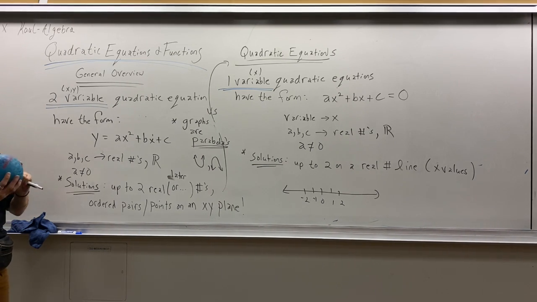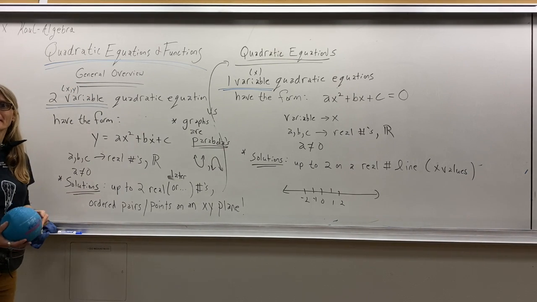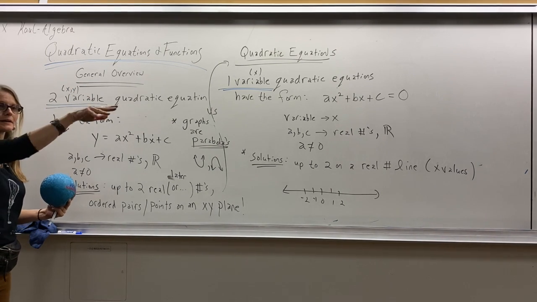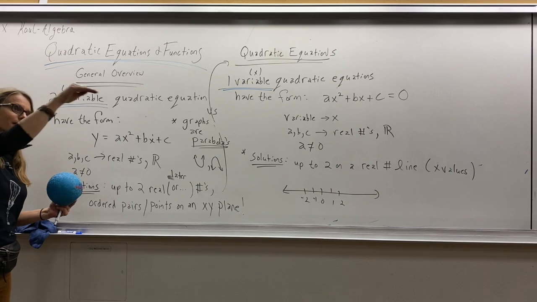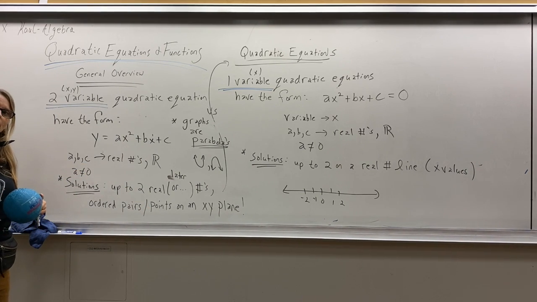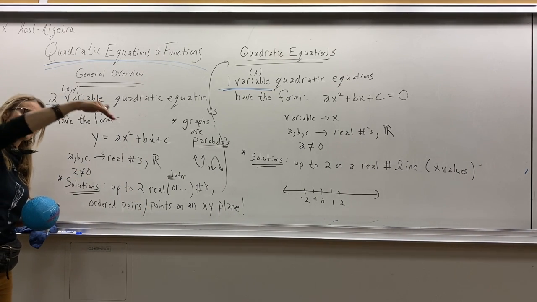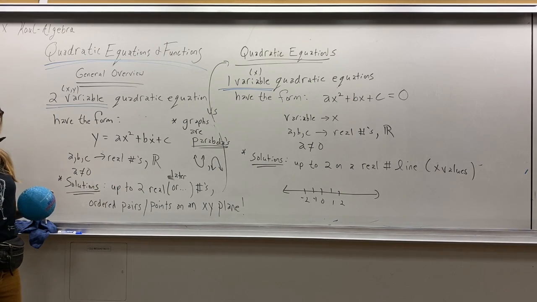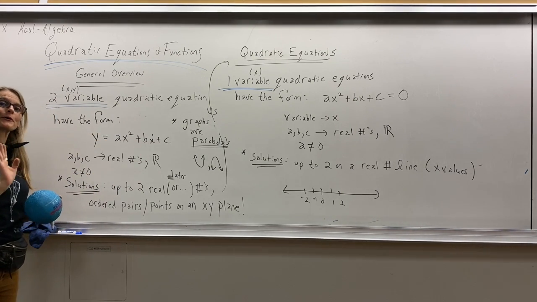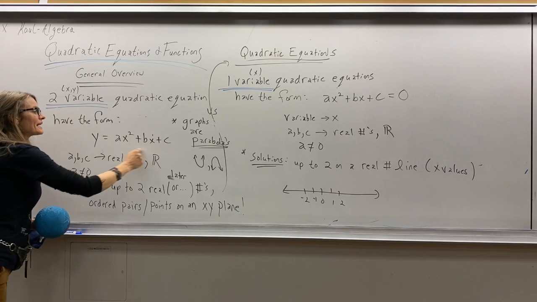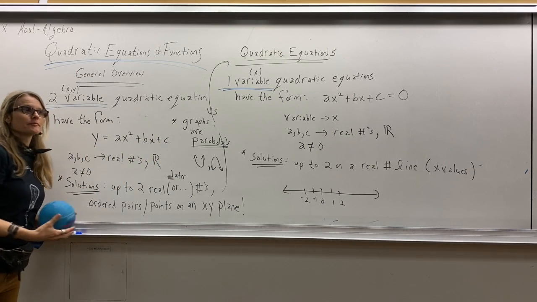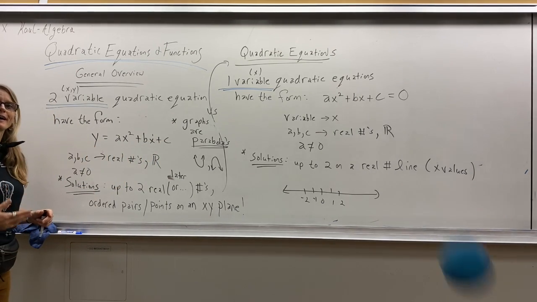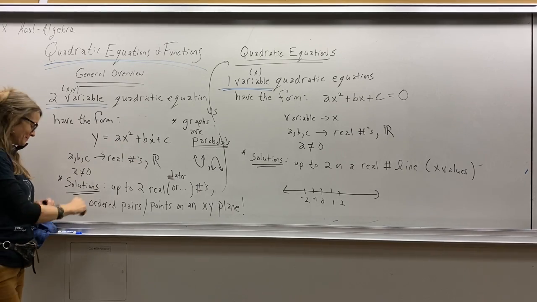So projectile would be like throwing a ball up in the air, firing a pellet, firing a dart gun and watching it fall. Gravity pushes things down and it follows this parabolic curve, which can be identified by this type of equation. So I throw this up, it goes back down, and it arcs.